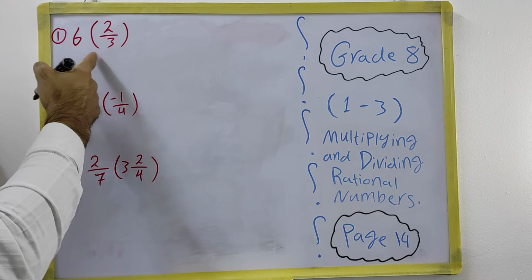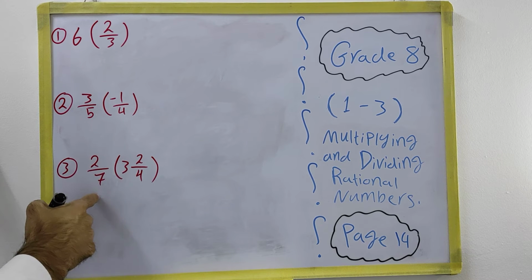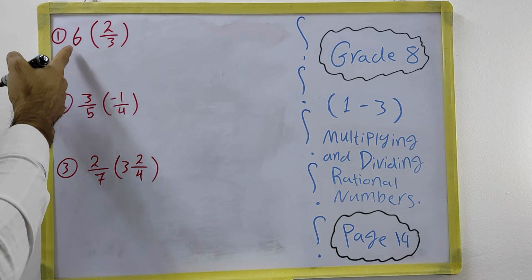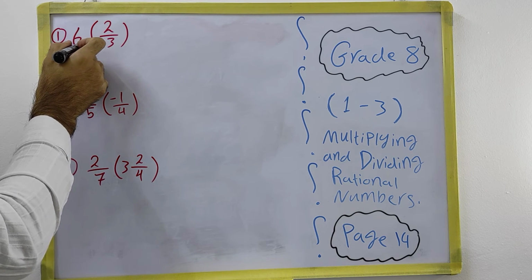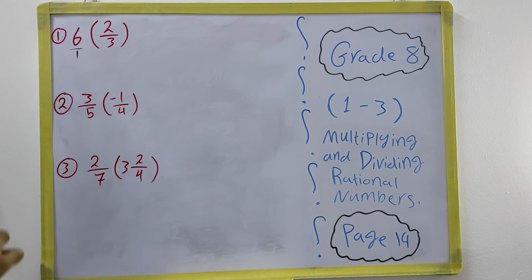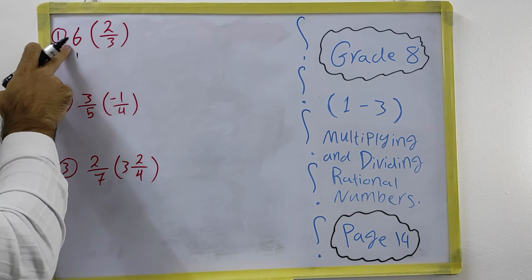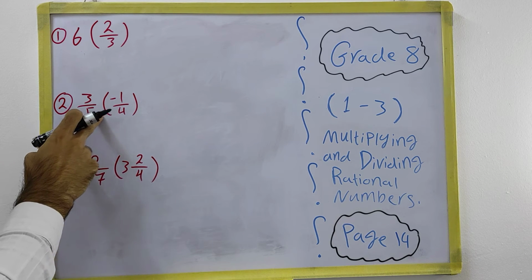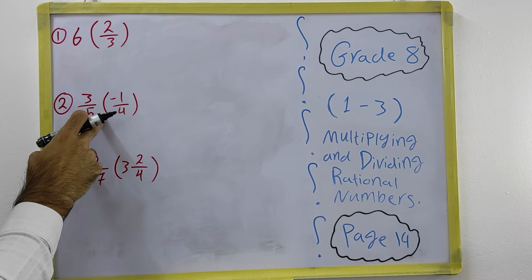Always in multiplying two fractions by each other, we have numerators and denominators. Whenever you have a whole number, we all know that its denominator is 1. It's 6 over 1. It also can be made a fraction. Whenever we have two fractions multiplied by each other, we don't have anything between them.